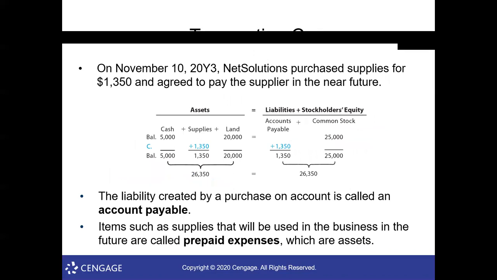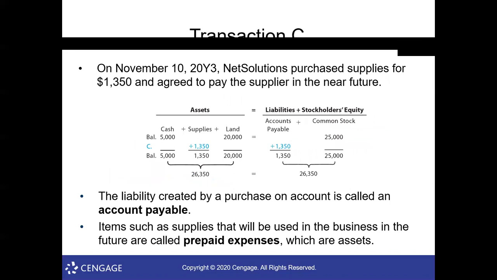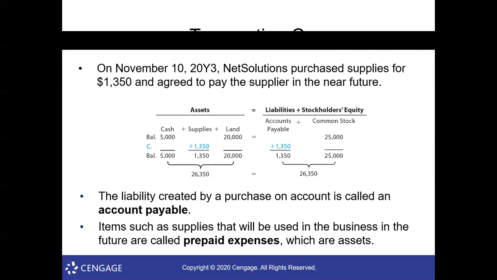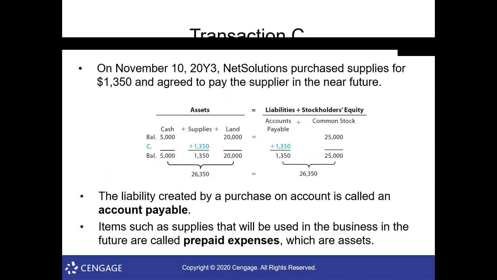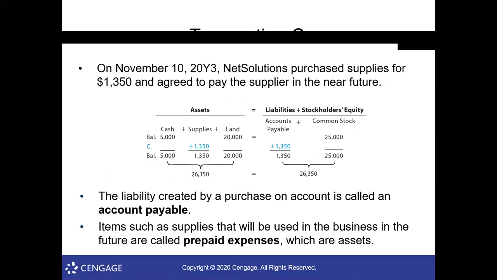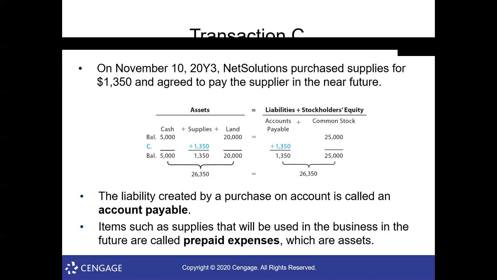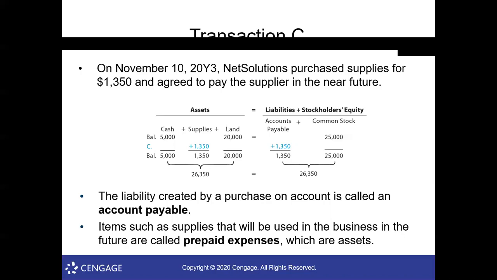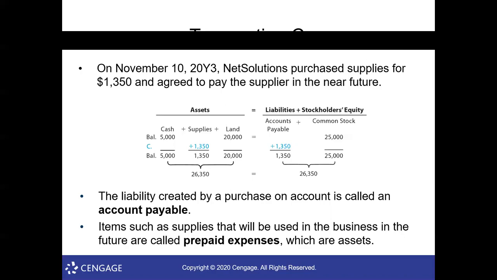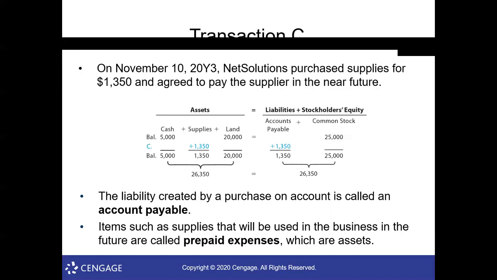Then we buy some office supplies, and we agree that we will pay in the future. So we've opened up an account with an office supply vendor, the store, and we've ordered $1,350 worth of supplies that have been delivered. So now we have a liability.